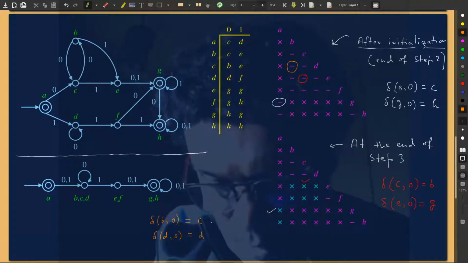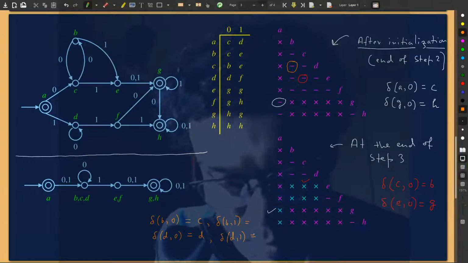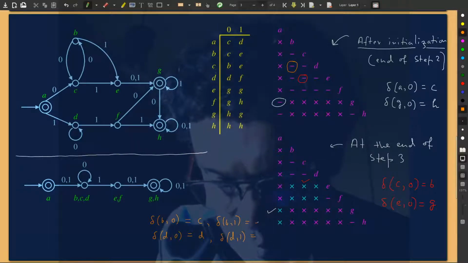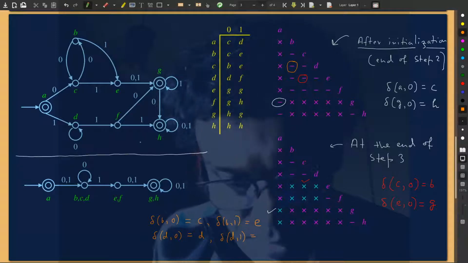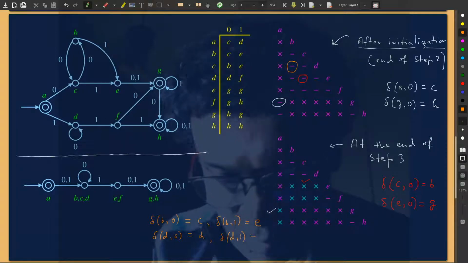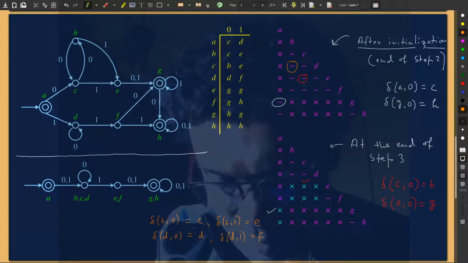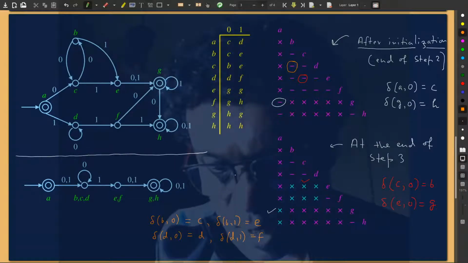Also let us look at delta B1 and delta D1. So what is delta B1? This is E. Delta D1, this is F. Now let us see whether this pair C comma D is marked.